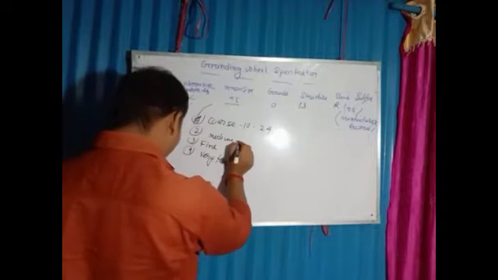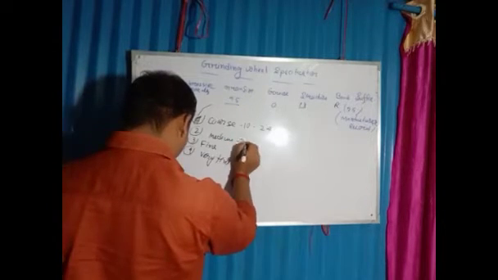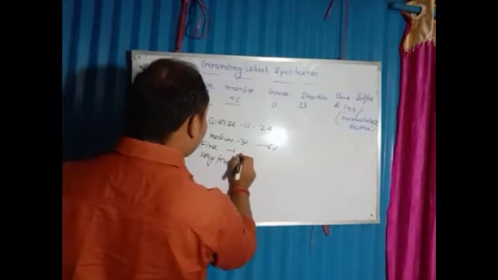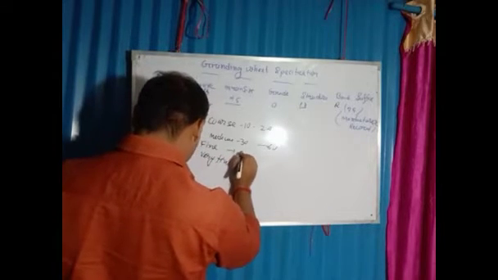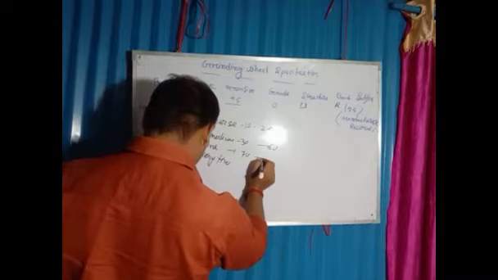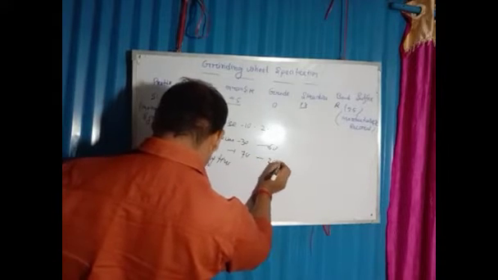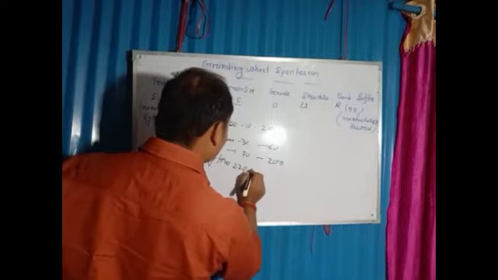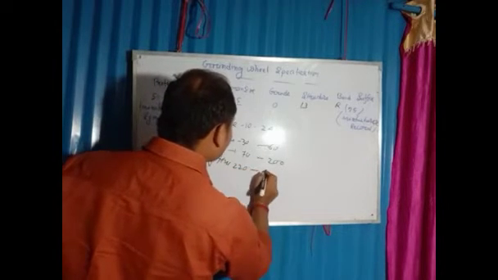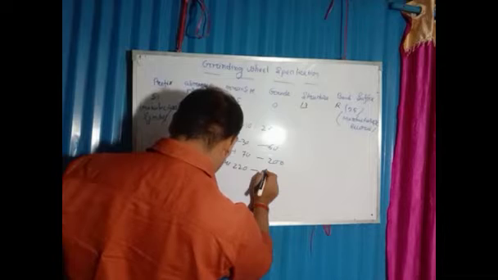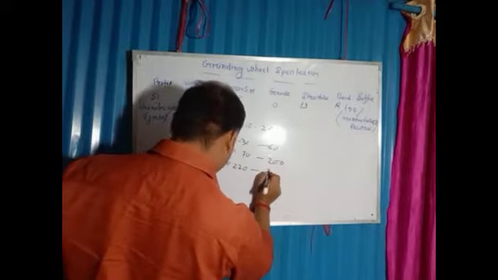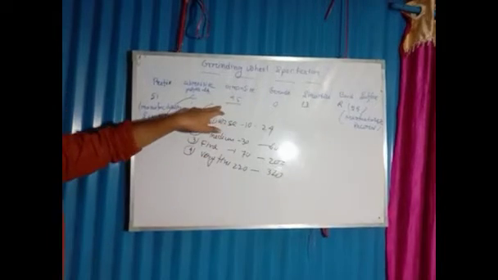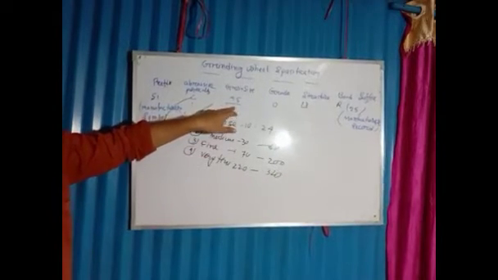Medium is generally 30 to 60. Fine is generally 70 to 200. And very fine is generally 220 to 320.